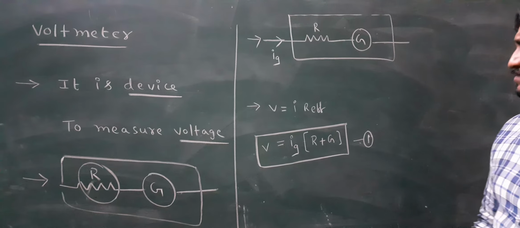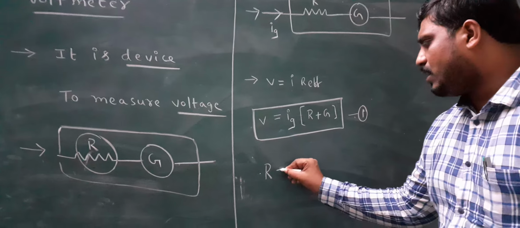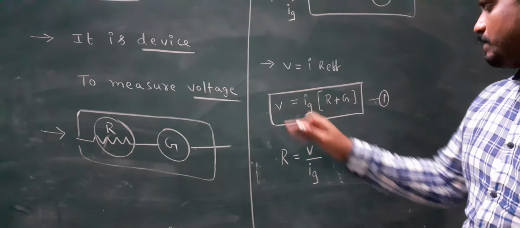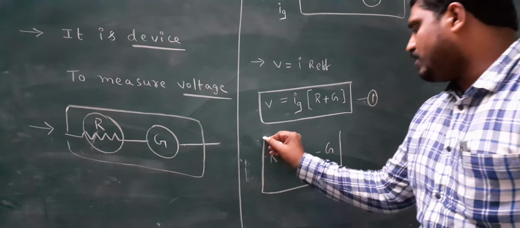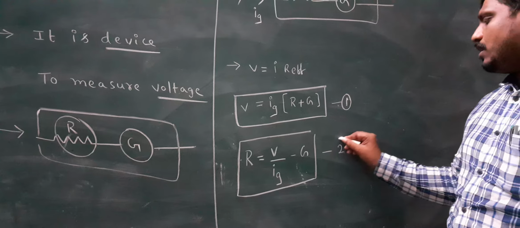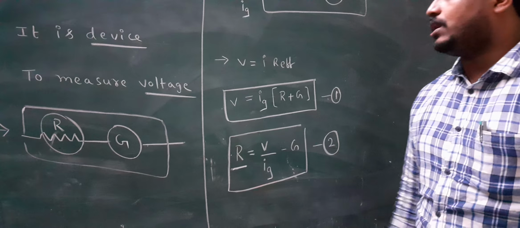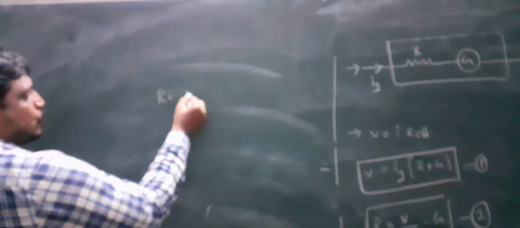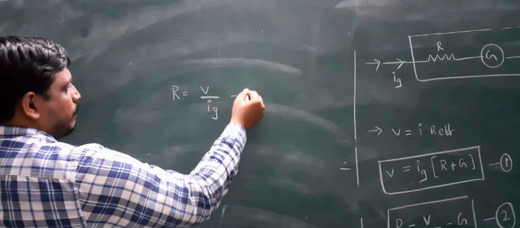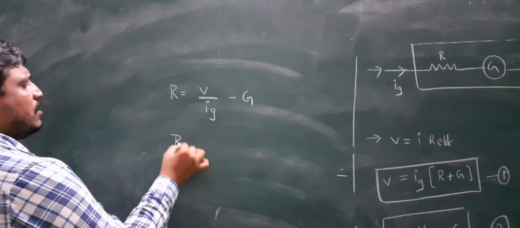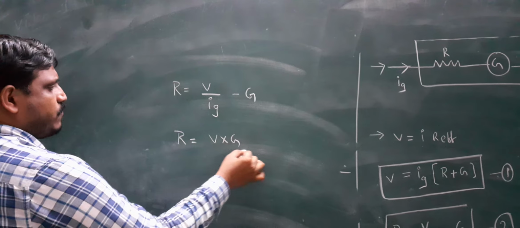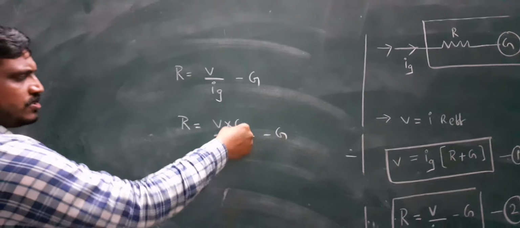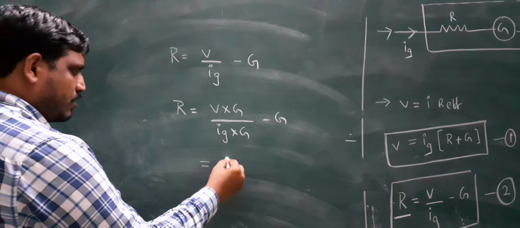Next one. According to this situation, the formula for the high resistance in terms of V and Ig is R equal to V by Ig minus G. Here, R equals V by Ig into G, minus G, so the Ig cancels.